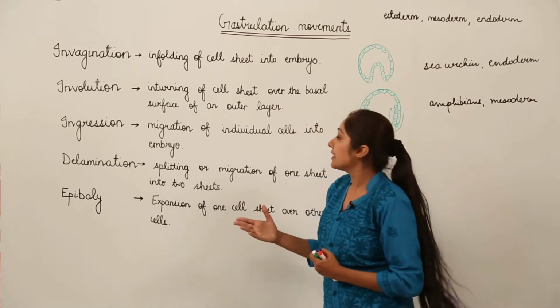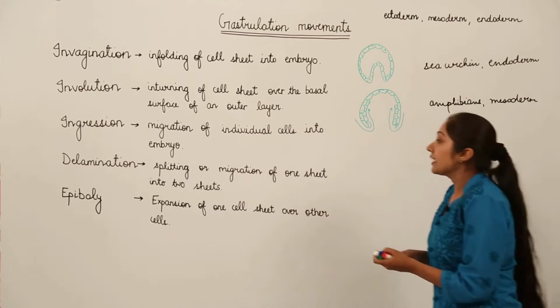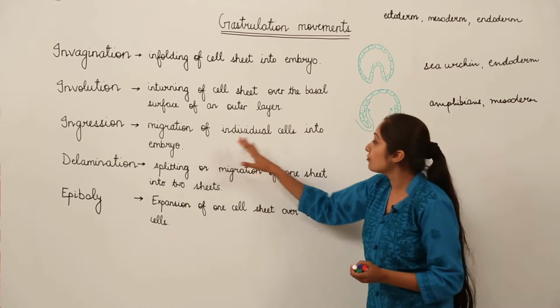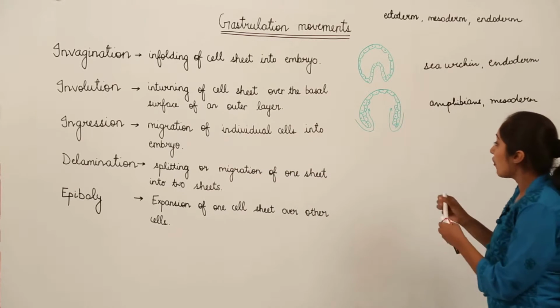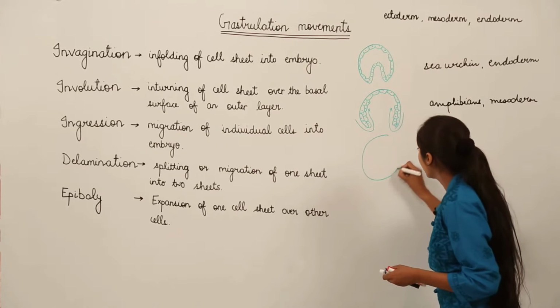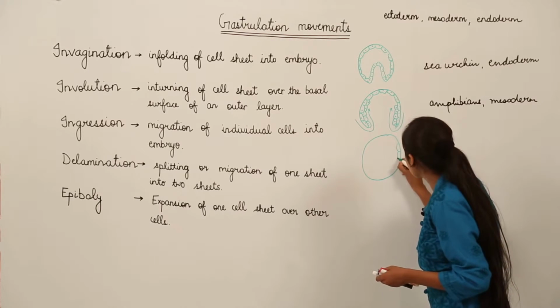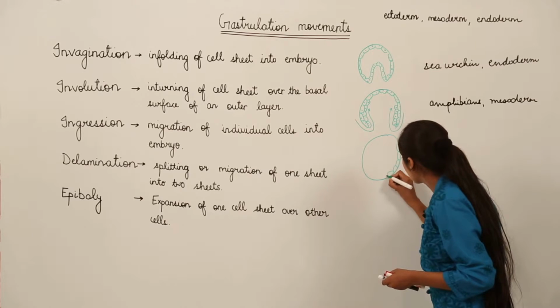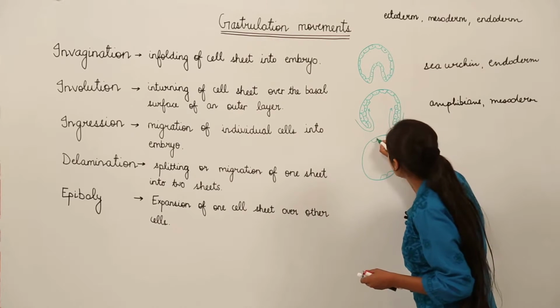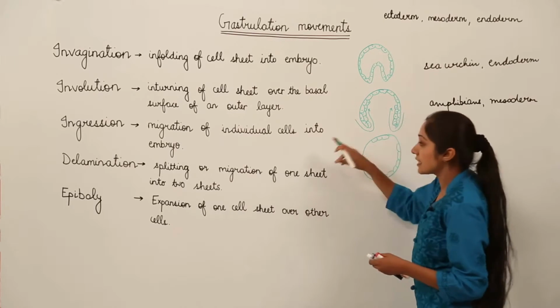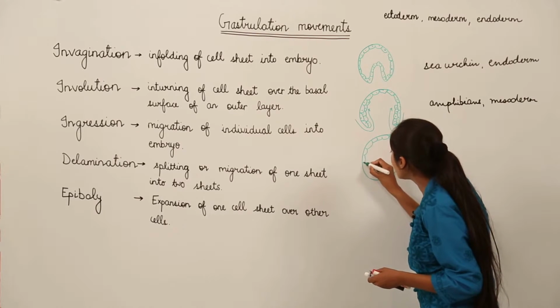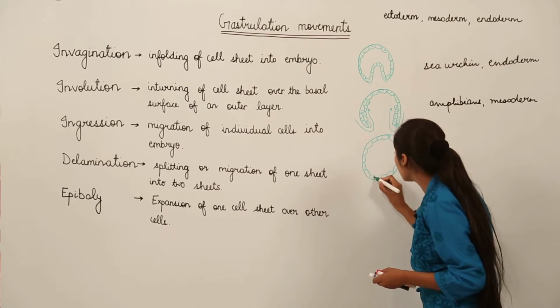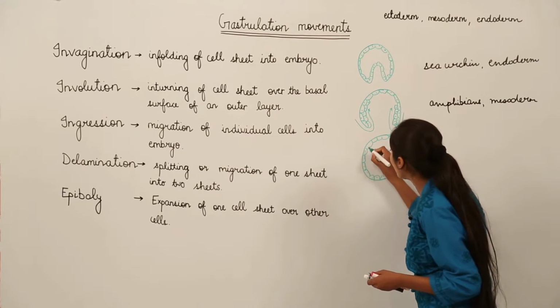Next type of movement is ingression. Okay, ingression is the migration of individual cells into the embryo. So this is very simple to draw. You have these cells. As it is a migration of individual cells into the embryo, what is going to happen? Individual cells are going to come and enter into the embryo.